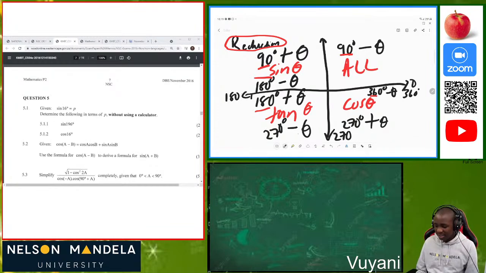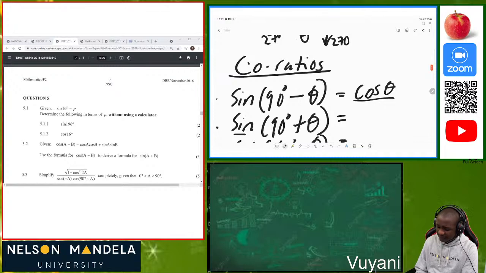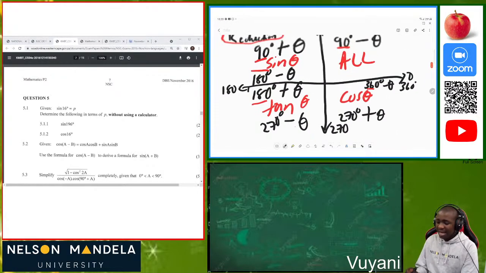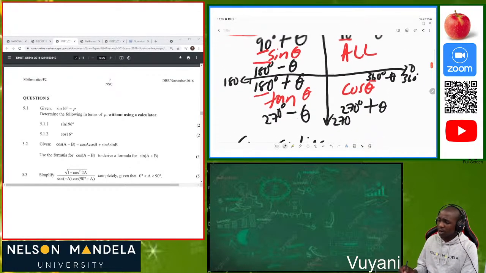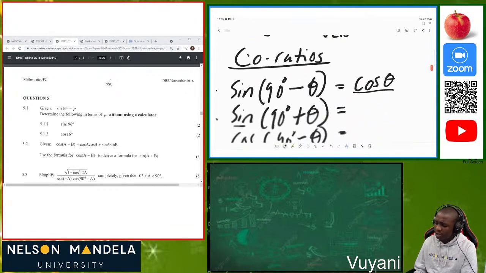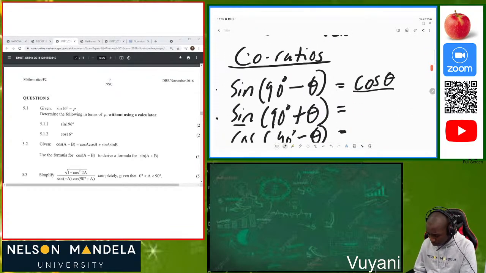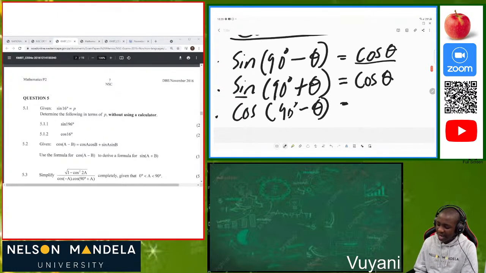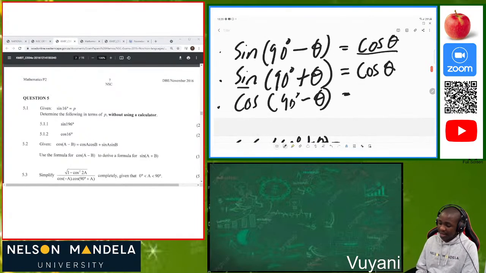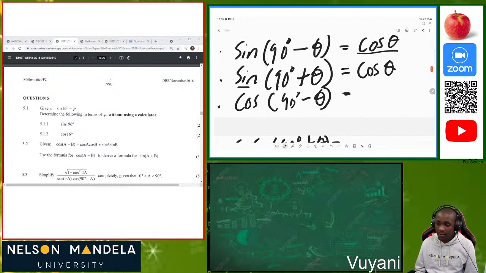Now ask yourself, is sine positive in the second quadrant? Yes, sine is positive in the second quadrant, which means its co-ratio also is going to be positive. So we're going to have cos of theta. It can be theta, it can be x, it can be y, it depends. Theta is just representing an angle.